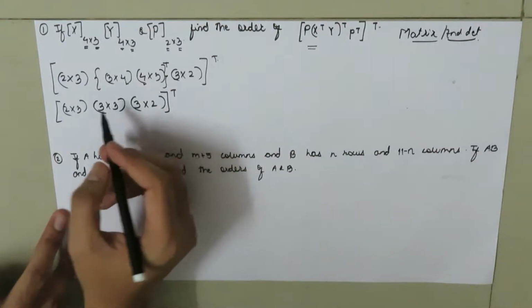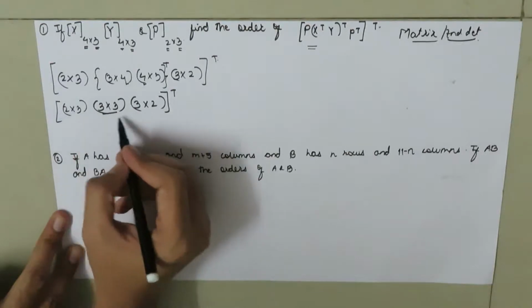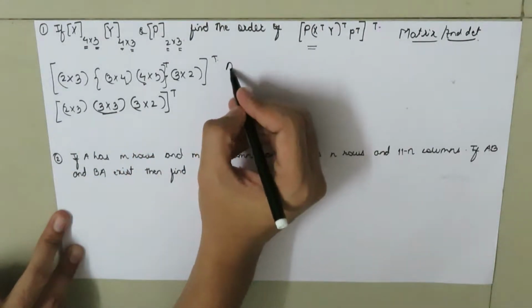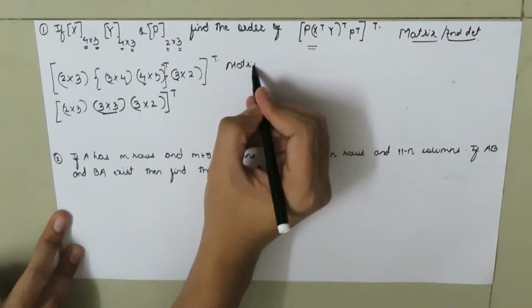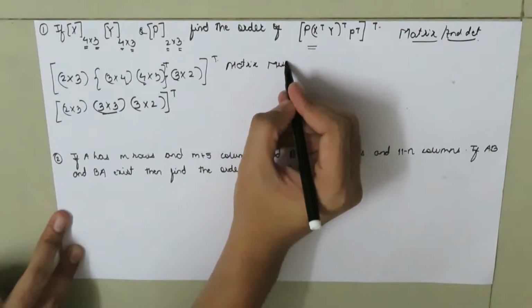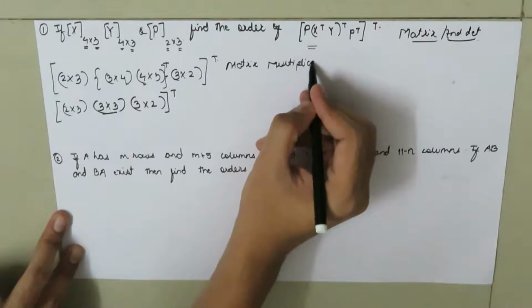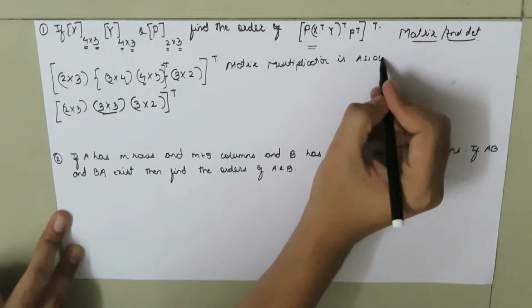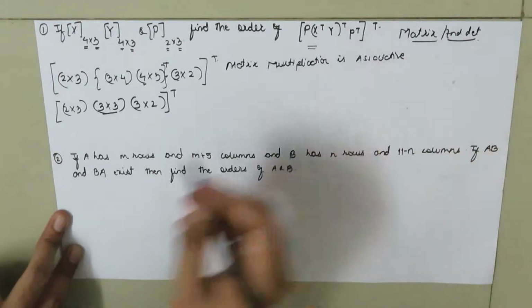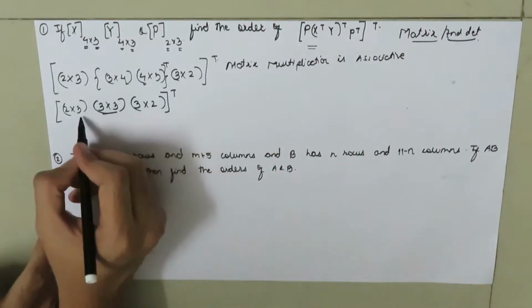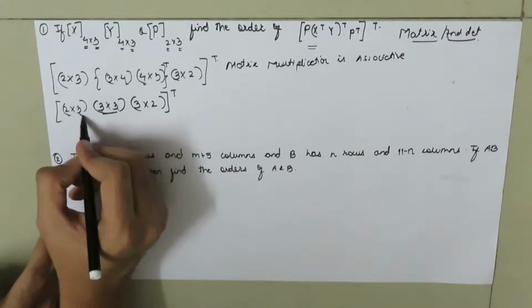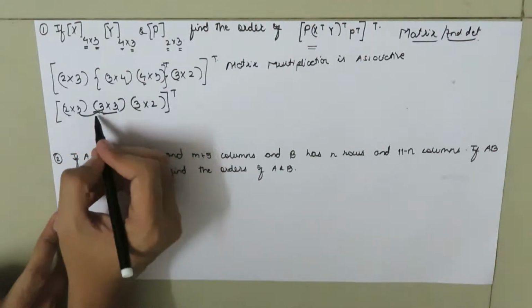Now we can multiply this matrix with either of these, because matrix multiplication is associative. So we'll multiply this matrix with this matrix. So these are row, column. The column will match with the row of this matrix.